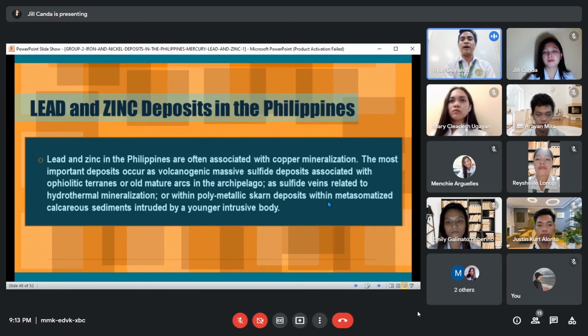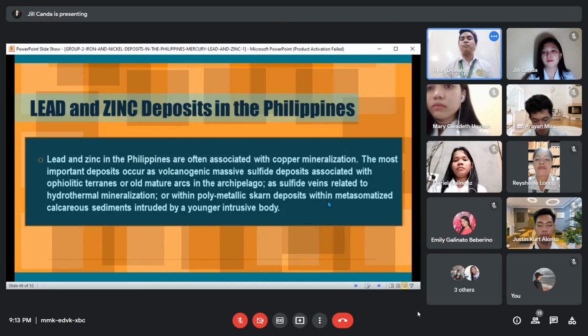a younger intrusive body. Volcanic associated massive sulfide deposits are predominantly stratiform accumulations of sulfide minerals that precipitate from hydrothermal fluids at or below the seafloor in a wide range of ancient and modern geological settings.